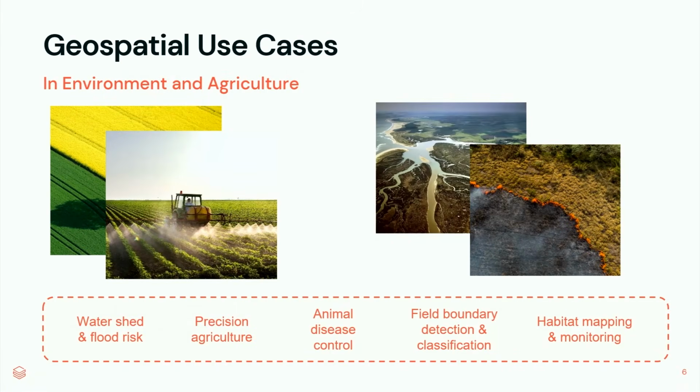In particular, just to give you a flavor of some of the use cases we're looking at, when we're looking at the environment, one example is watershed and flood risk. Using things like LiDAR data, can we model what happens when we have increased rainfall and flooding in the future? What sort of interventions can we make to address that?